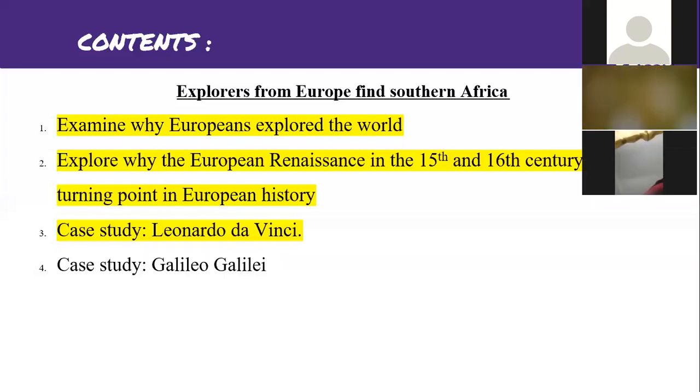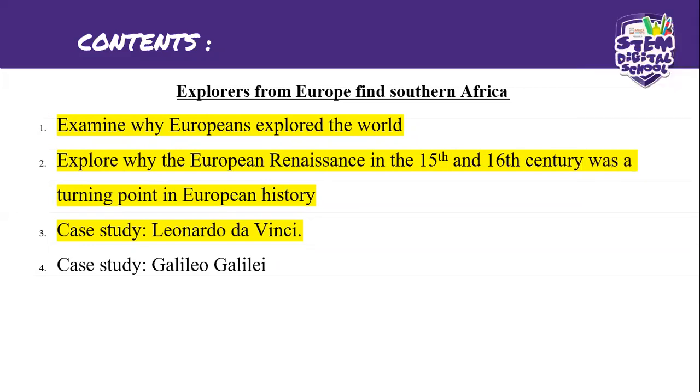And then we've also learned that missionary people wanted to spread their Christianity. So that was their own aim. The Renaissance began in Italy in the 15th century, and it spread throughout Europe to other countries in the 17th century.